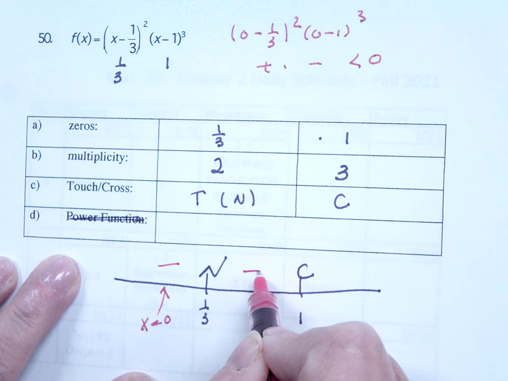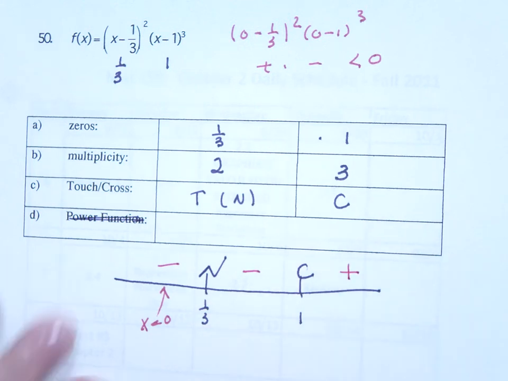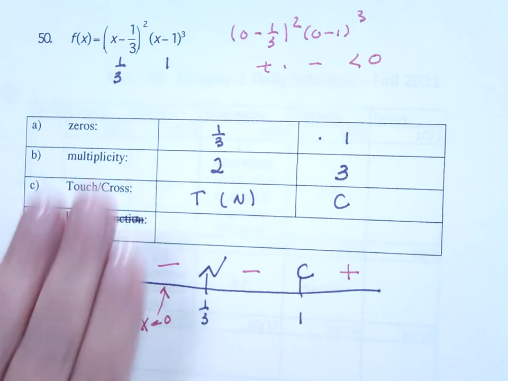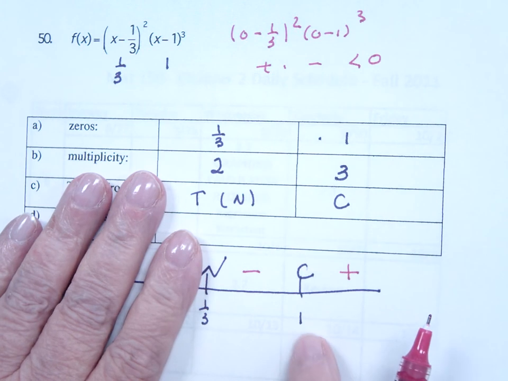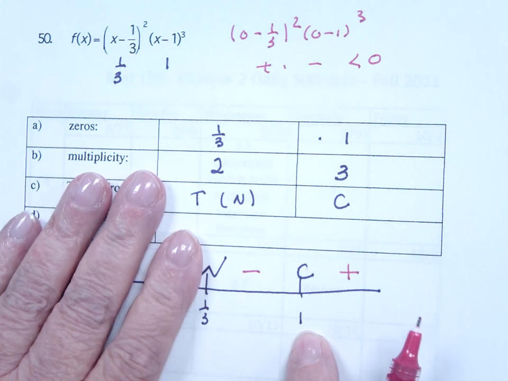No change, negative, change, positive. Ta-da! Now again, if this were the first derivative, negative, positive, that would be a min. If it were the second derivative, it would be an inflection point.